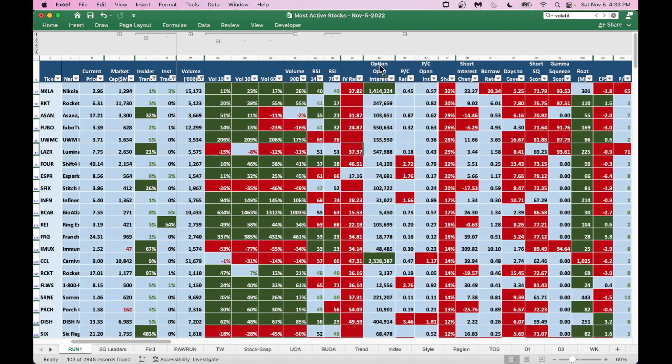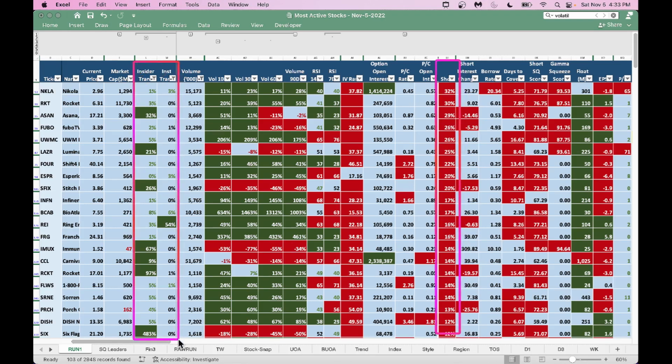Look at the short ratio here, still high, but look, insiders are buying as well as institutions are buying. This could be a good list for you to look at. And also, if you want to look at stocks which are trending higher, just look at RSI 14-day and 7-day here.